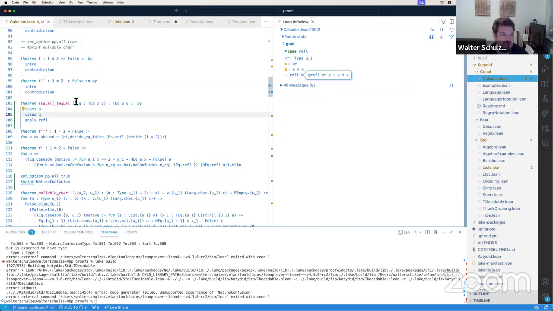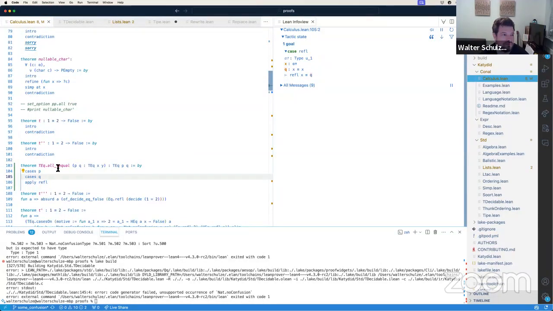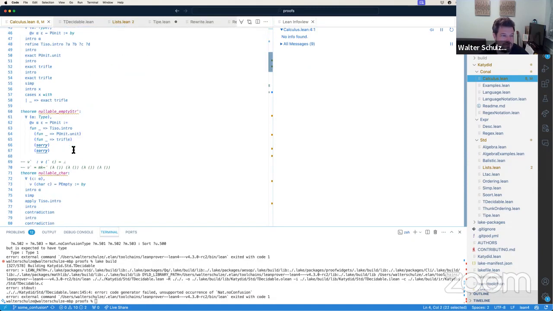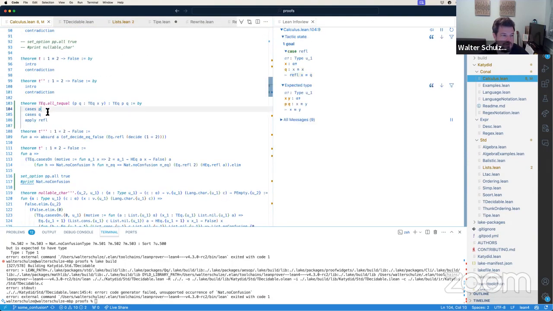And this is probably TEQ refl, since we've imported it.